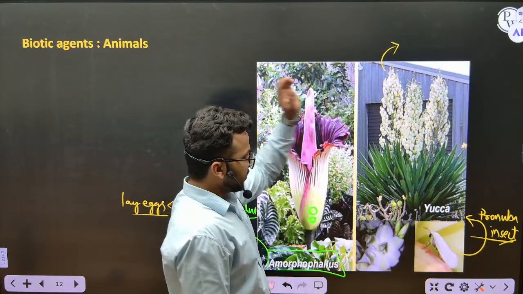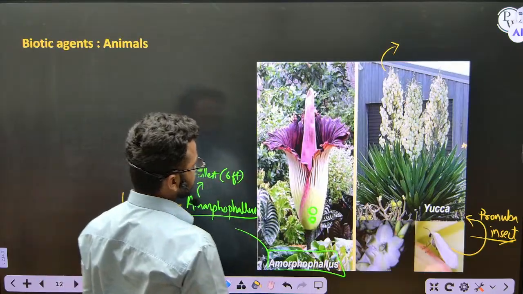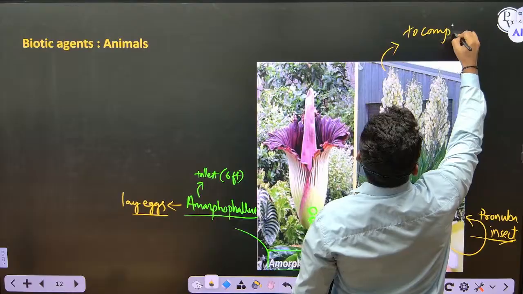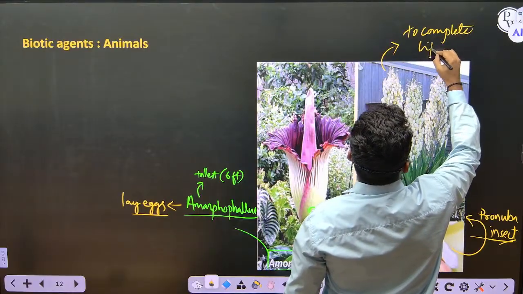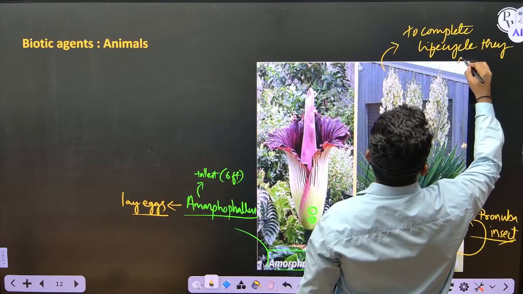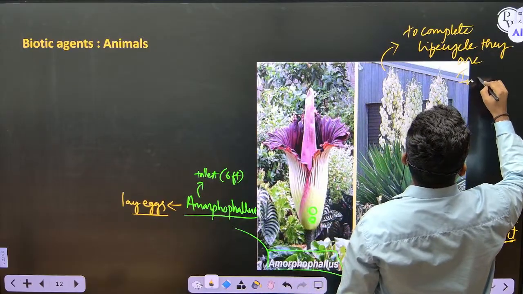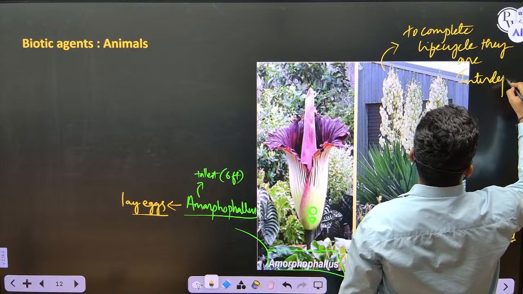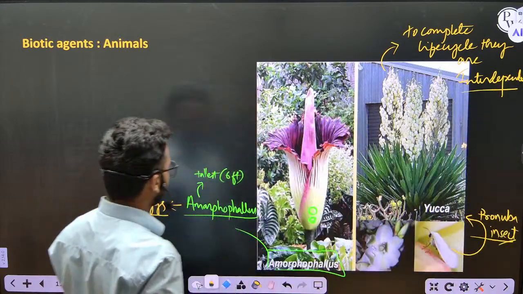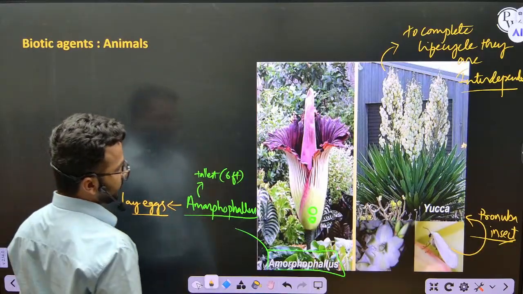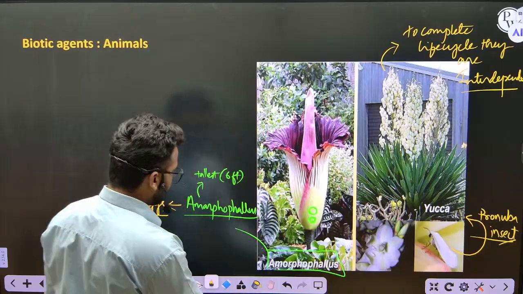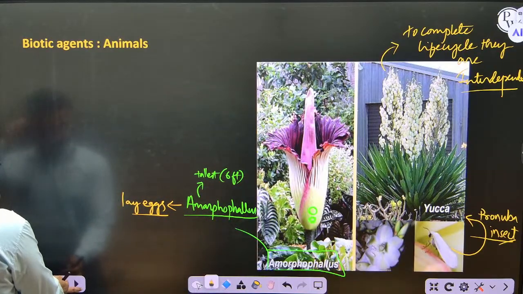To complete the life cycle, they are interdependent; both the yucca plant and the Pronoba insect are required.